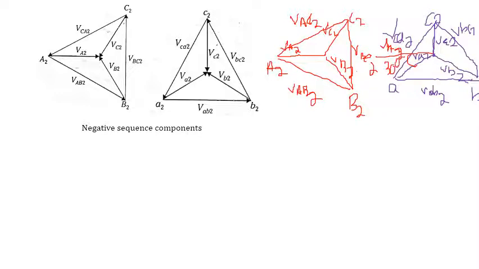It means that the high voltage side leads the low voltage side by an angle of 30 degrees, so capital VA2 lags small VA2 by 30 degrees. That is the meaning of it.